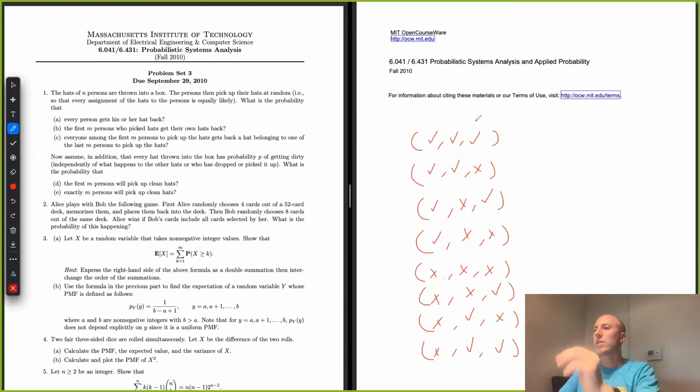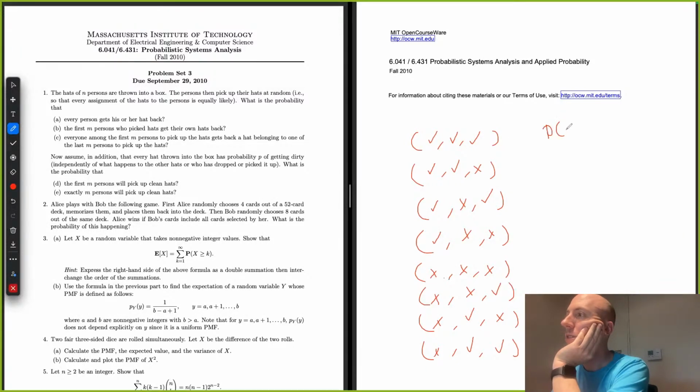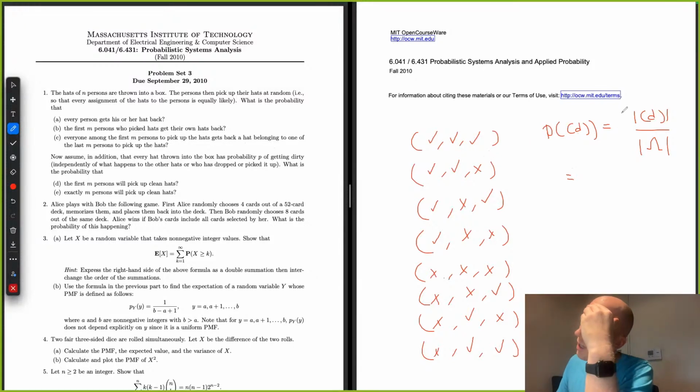So basically we're asking what's the probability of part D happening? That's just equal to the count of D over the count of omega, and the count of D where they're all, actually we can't just go by this count thing anymore, because these have different probabilities of clean hats.